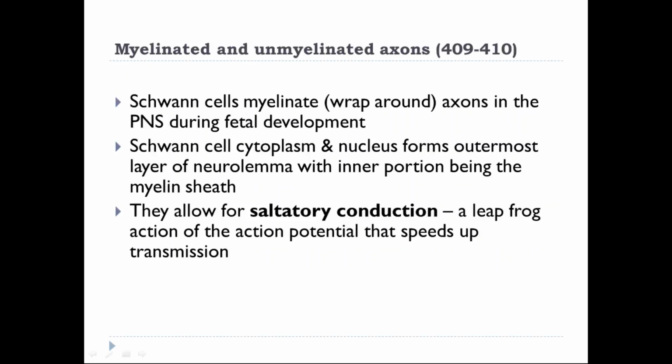Okay, so we started talking about myelin last time as well. In the peripheral nervous system, the Schwann cell, or the neurolemmocyte, produces the myelin, and there we can see the Schwann cells.